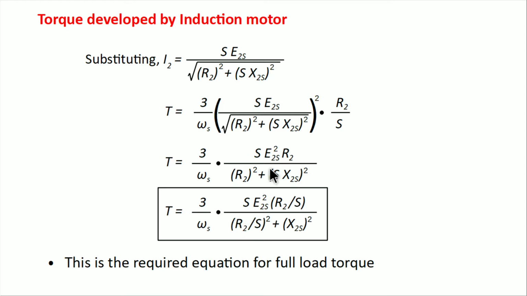Dividing this equation by slip S in numerator and denominator, we get T is equal to 3 over omega S, E2S square R2 over S divided by (R2 over S) square plus X2S square. This is the required expression for torque developed in an induction motor under running conditions.